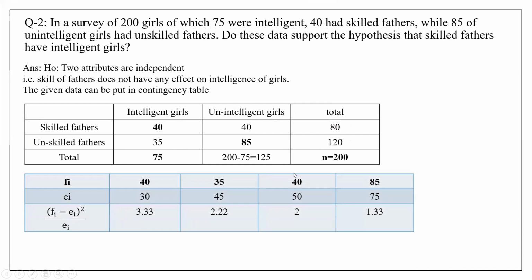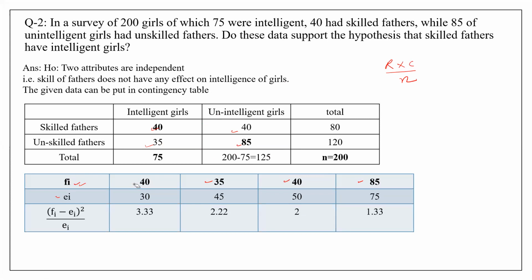Now you can see that all the observed frequency values I have written here: 40, 40, 35, and 85. We can calculate our expected frequency with the same formula. What is the formula for expected frequency? Row total into column total by n.